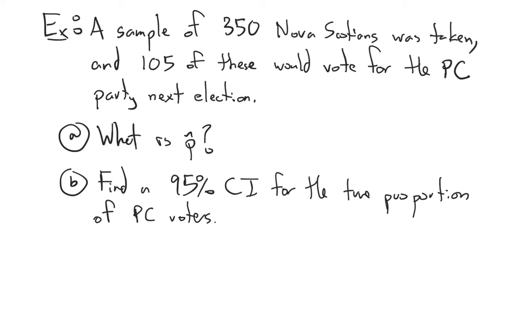So what's our sample proportion? Well, our sample proportion here is just the number of successes. So our event is voting for the PC party in the next election. 105 people would fit into that category out of our 350. So our proportion is 105 out of 350. And if you calculate that on a calculator, you find that's exactly 0.3.